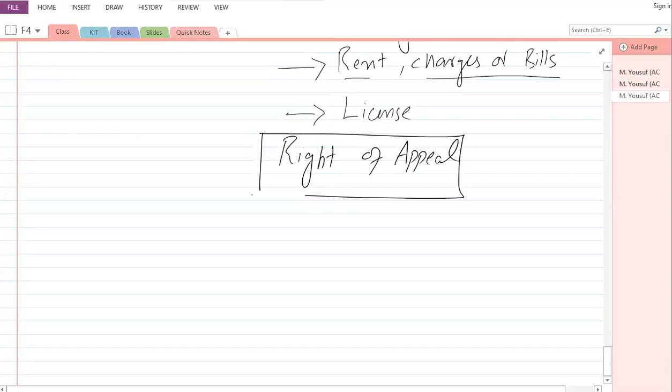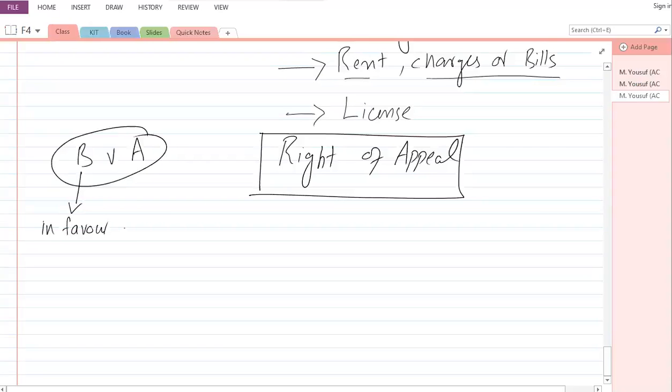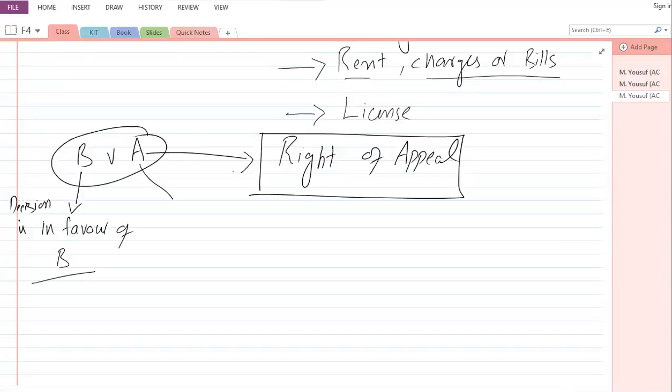So if B sued A and the court gave a decision in favor of B, A has the right to appeal that the court didn't give the right decision.